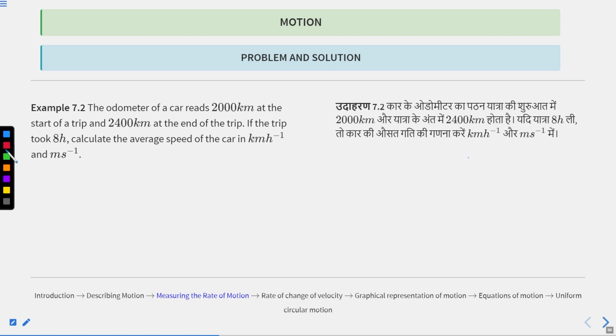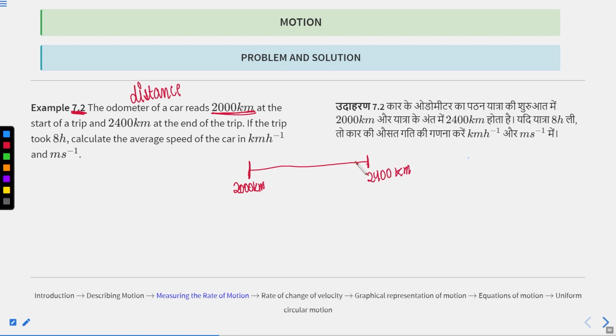So let's begin with example 7.2. It says: the odometer of the car reads 2000 kilometer, and we know that odometer reads distance. So the distance it first reads is 2000 kilometer at the starting of the trip, and at the end it reaches 2400 kilometers.